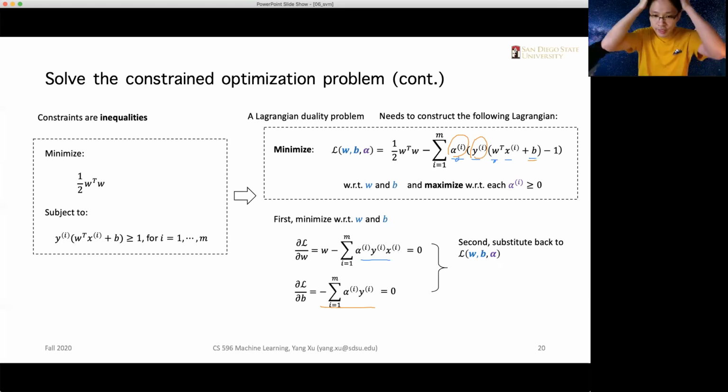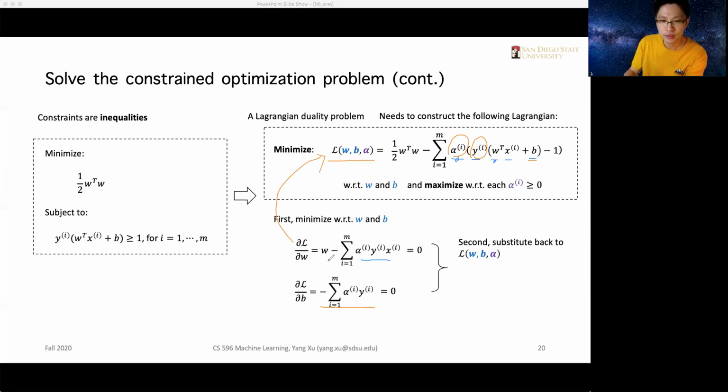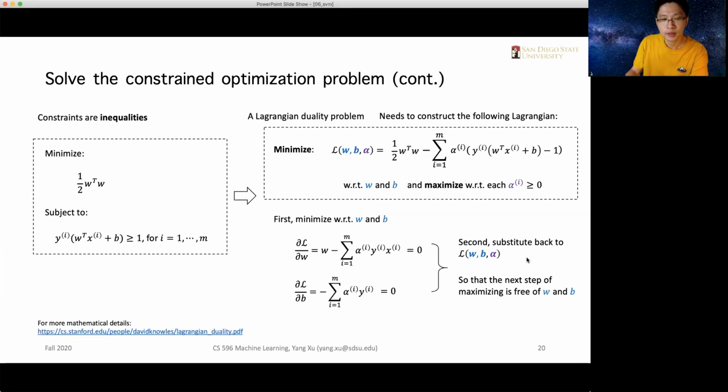We can substitute back into the original term of the Lagrangian that we constructed. Because we know that w should equal this term, we can easily plug it into the Lagrangian, so that we can eliminate all the w and b, and the only variable that's left is alpha.